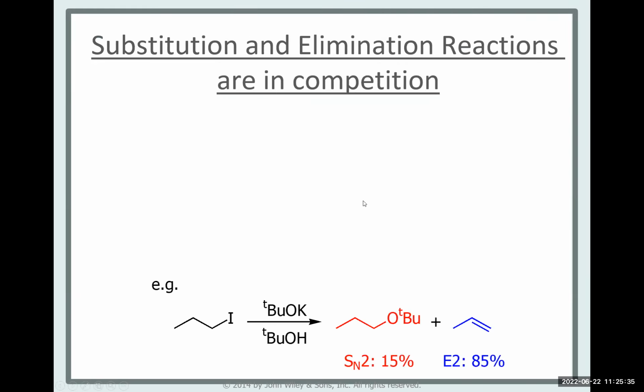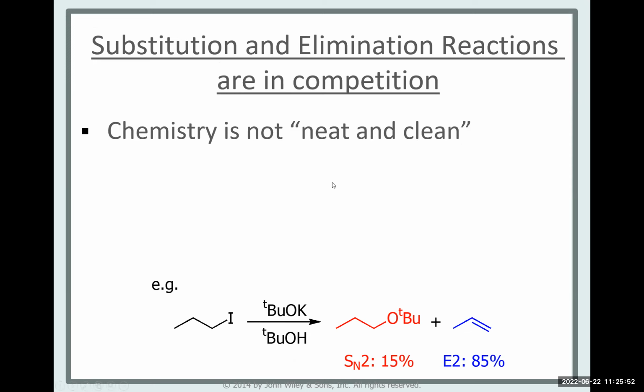So substitution and elimination reactions are actually in competition, because they're very similar. So sometimes we'll be given some reactants and it's hard to tell if it's substitution or elimination. I don't want you to worry about that yet. But I do think it's important to know that chemistry isn't neat and clean.